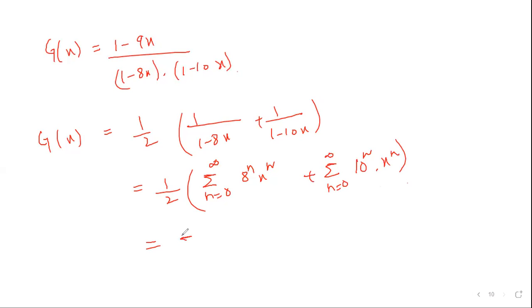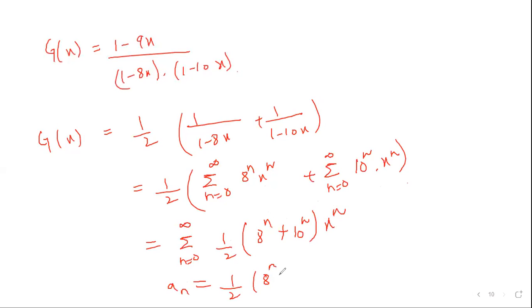So this is given as Σ n = 0 to ∞ 1 by 2 into (8ⁿ plus 10ⁿ) xⁿ. Since we multiplied in the original equation with xⁿ, we don't consider xⁿ in our recurrence solution. In the final solution we'll simply write aₙ is equal to 1 by 2 into (8ⁿ plus 10ⁿ).